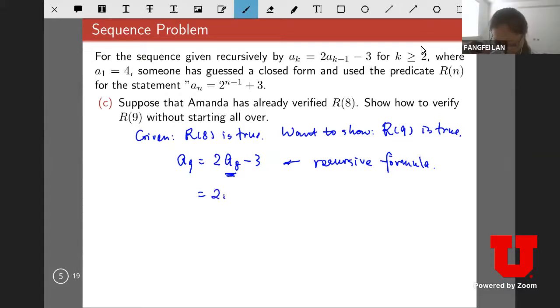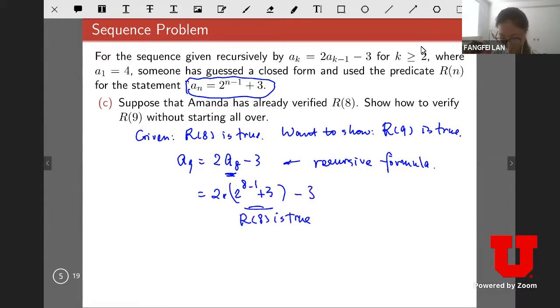But basically we're plugging in this closed formula right here: 2^(8-1) plus 3. Because we know that this is true, because this is R8, right? R8 is true, so we can substitute it in, and then minus 3. We get 2 times (2^7 plus 3) minus 3. And then we just did this one.